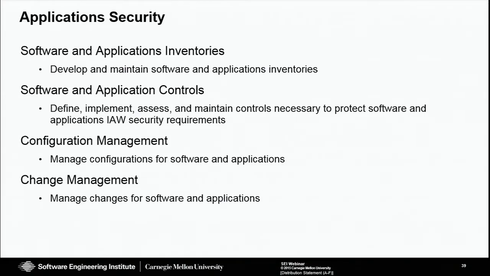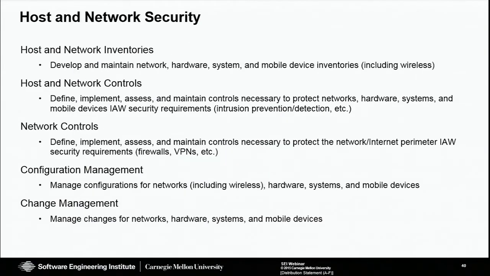You'll see a little bit of replication or duplication of these functions applied to a different type of asset, your hosts and your network, making sure that you've got the critical ones inventoried, you know who's connected, you're controlling access, and again, configuration management and change management in terms of your standard configurations and any changes, and network controls, everything to do with your perimeter, both your intranet and your internet. This is where you actually implement a lot of the security architecture that was set as requirements early in the life cycle.